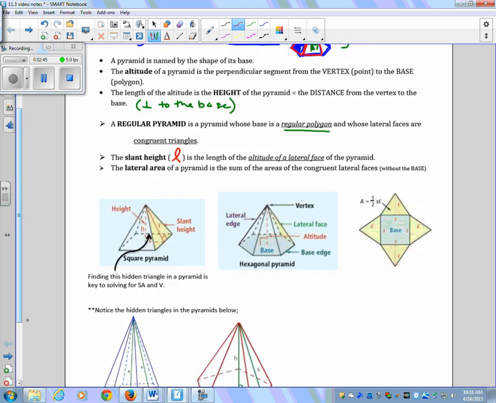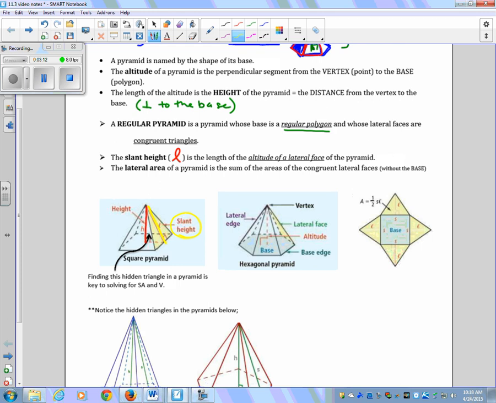The height itself goes from the vertex to the base, like we just defined, but the slant height is this one that goes here. It goes from the vertex perpendicular to one of the sides of the base. So it's a good word, slant height. It's like the slanted height.